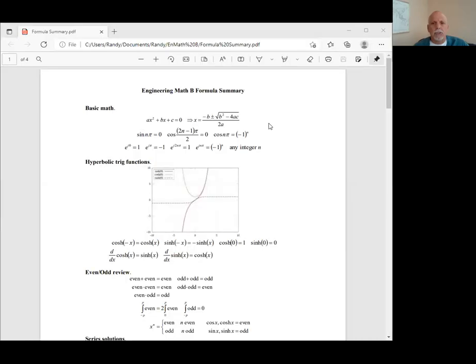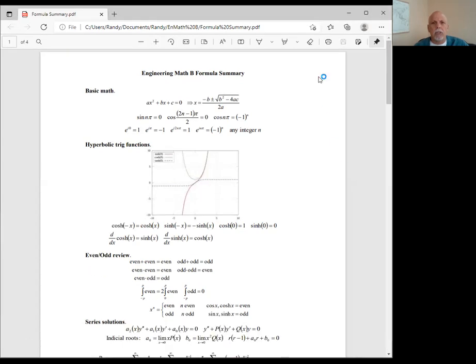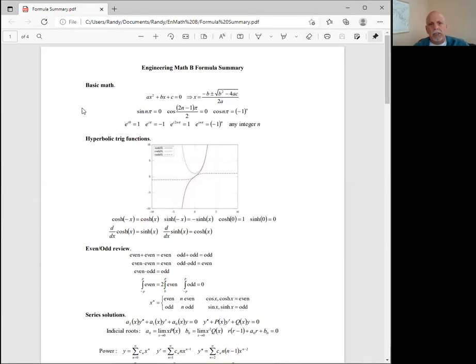So let me show you that formula sheet. It's 4 pages. Just use this cursor. Hopefully you can see the cursor. 4 pages, and I'll just go through quickly what each thing is.